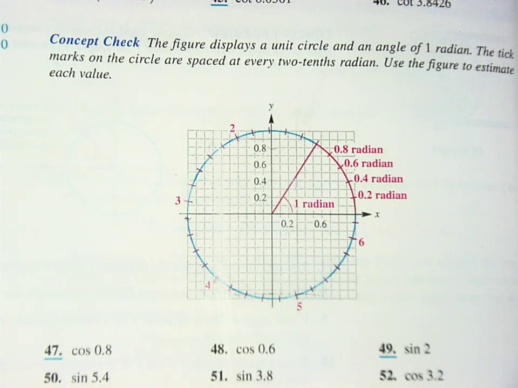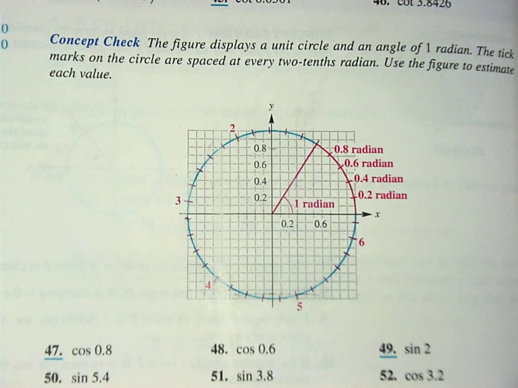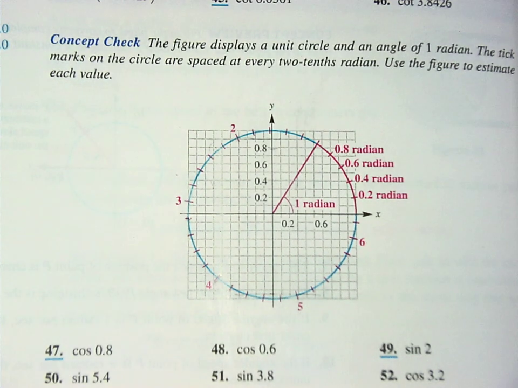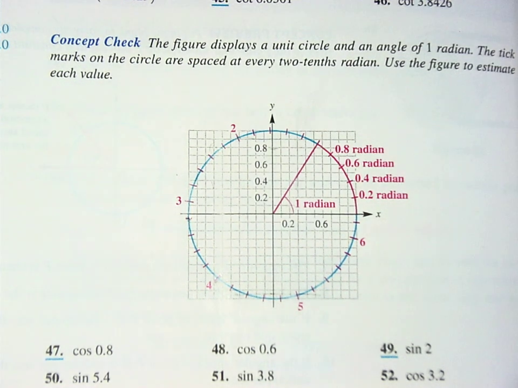Focus on me now. Do you see how this is 1 radian right here? That's 2 radians, 3, 4, 5, 6, and some change because it's 2 pi radians in a circle. So 0.8 radians is right here. Touch it on your book in front of you. 0.8 radians. Okay, and they want to know the cosine of that.